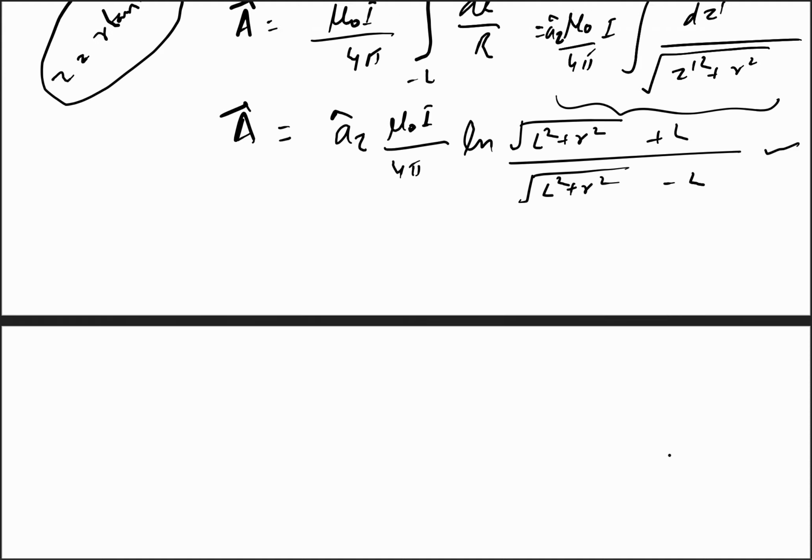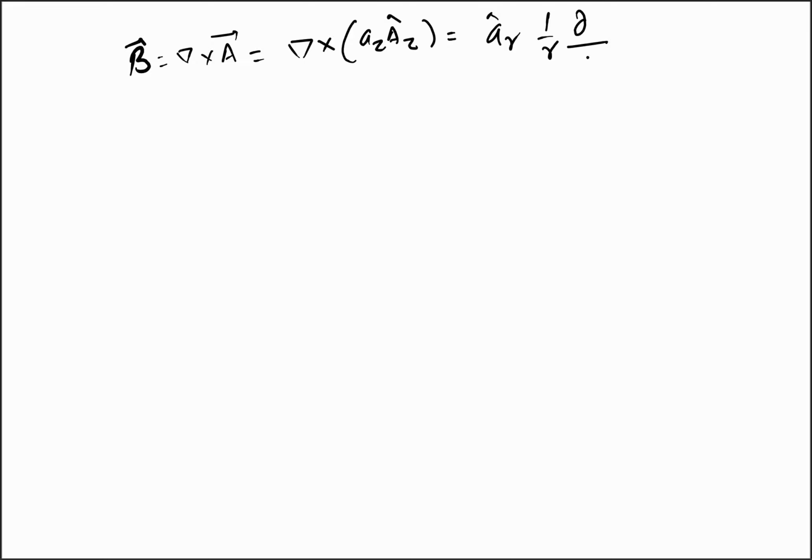Now we need to find the field. The field is B is equal to del cross A. In cylindrical coordinates, with A having only an az component, del cross A can be easily found like this: 1 by r dou by dou phi of Az minus A phi dou by dou r of Az.